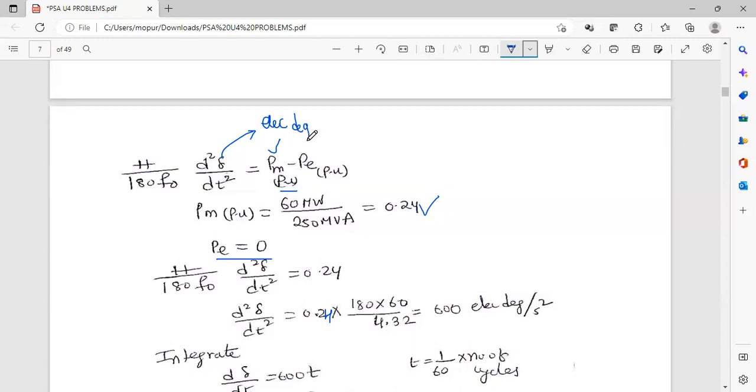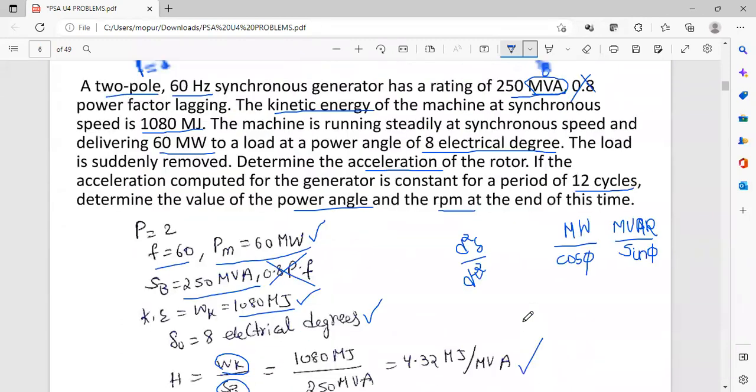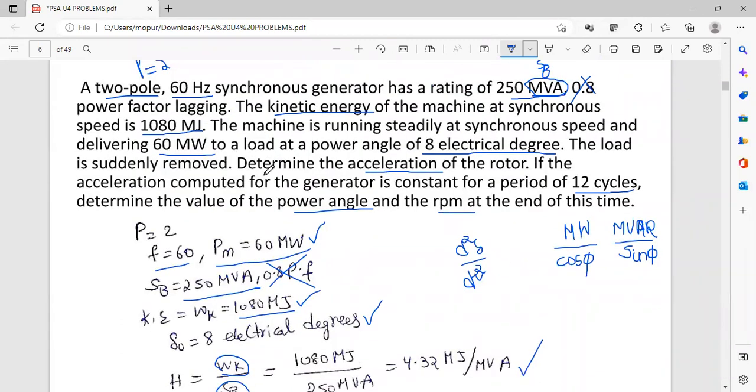So you can see here what we got. Since it is d square del by dt square, this is 600 electrical degrees per second square. This is the acceleration. They had asked us to determine the acceleration, and till here we had completed.